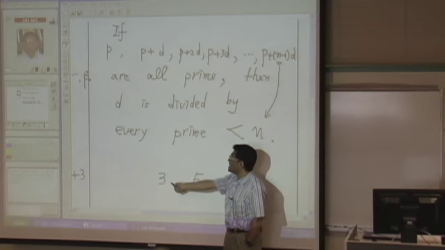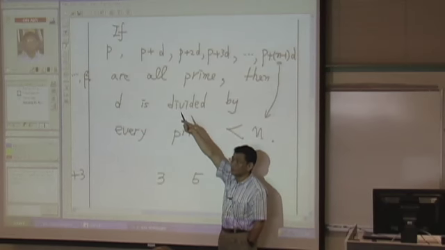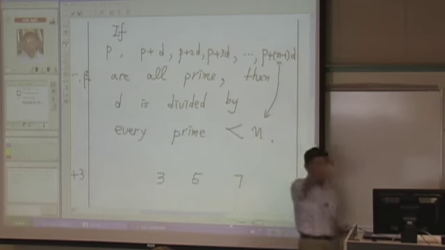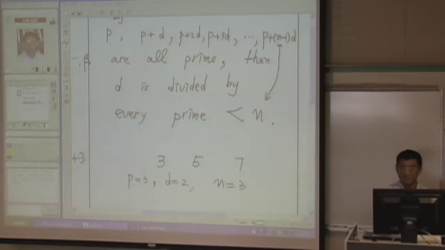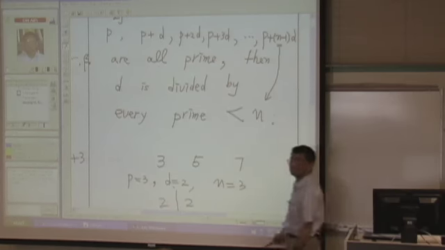Then if you use letters, P is what? P is 3. D is what? And then there are 3 numbers, right? So let's check this statement. This D, this 2, is divisible by every prime less than 3. What is it? 2, right? 2 divides 2. Done, right?